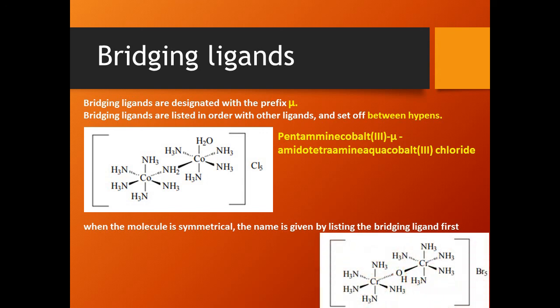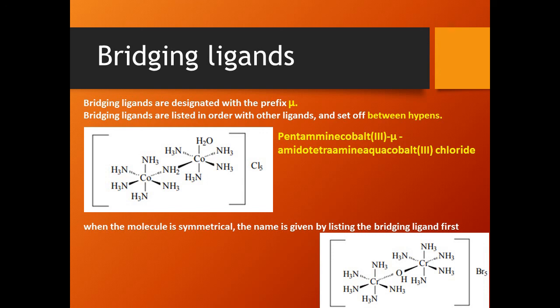Here is our example. Two chromium atoms, and each chromium carries 5 ammonia molecules, and in between the two chromium a hydroxide is there, and this molecule is symmetrical, and after the square bracket you have bromine. So this coordination compound starts with the bridging ligand first.